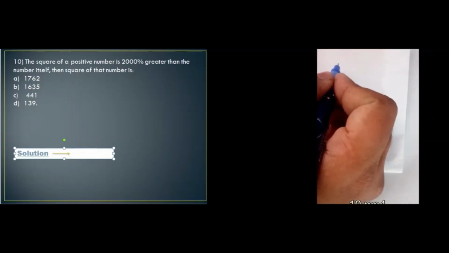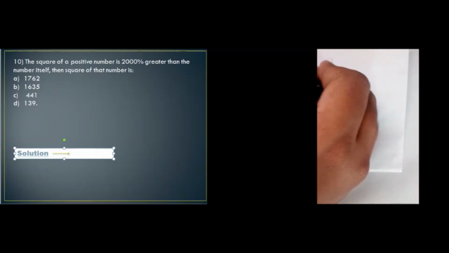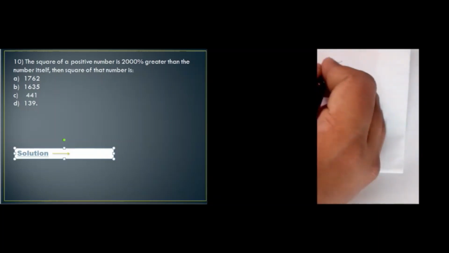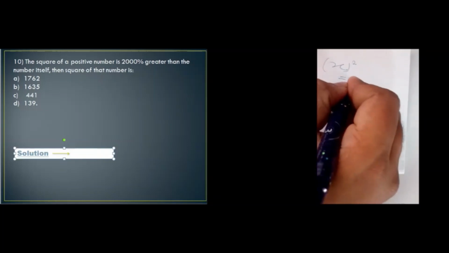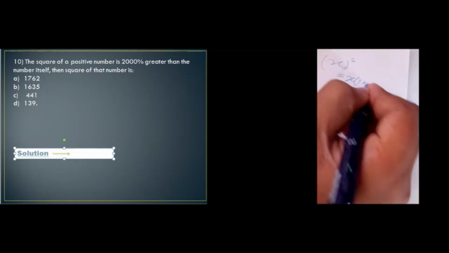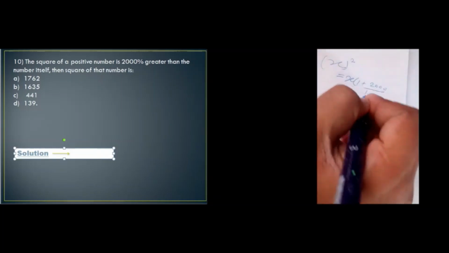The square of the number is 2000% greater than the number itself. So let's consider that number as X. So X square is 2000% greater than the number itself.